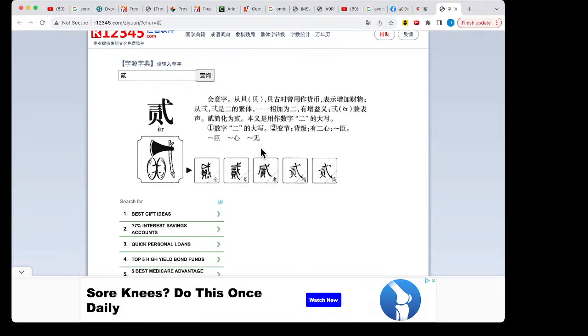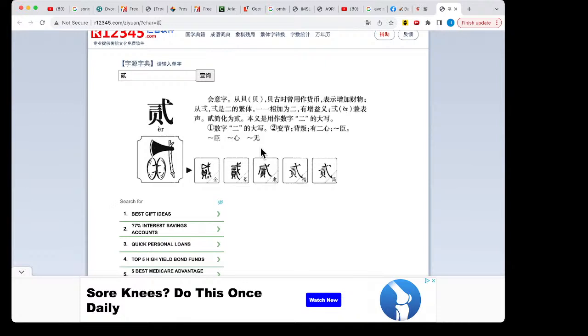二 means 一 plus 一 is 二, so it has the meaning of increasing. And you see that you have two strokes right there to represent two.